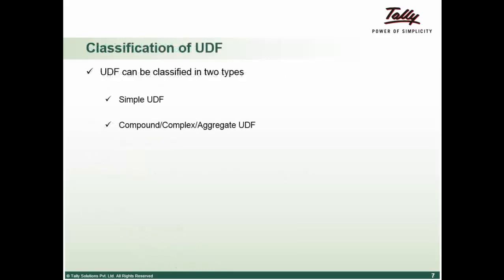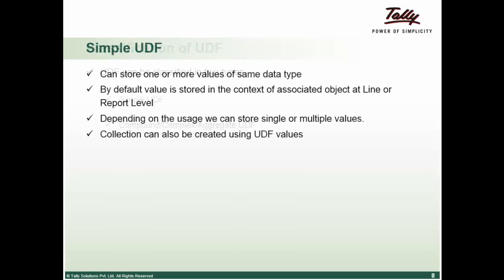We have classified the UDFs into two categories, the simple UDF and the complex or the aggregate UDF. Now, what is a simple UDF? A simple UDF can store one or more values of a single data type. Like when you enter the name of your ledger, it's a string, one data. Or you type an address, it is a string but multiple lines.